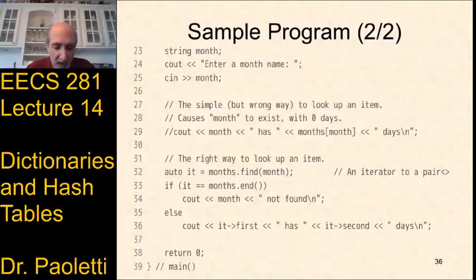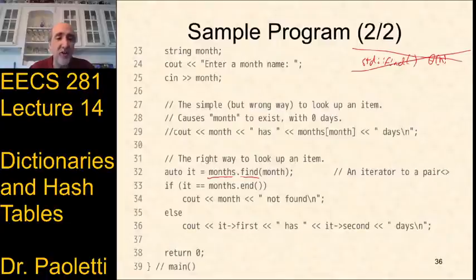So the right way is to say, hey, months, unordered map, call your .find member function, not the STL find. There is a standard find that does a linear search. That's not what we're using here. The member function find is doing a hash table lookup. It says, find me this month in your hash table.